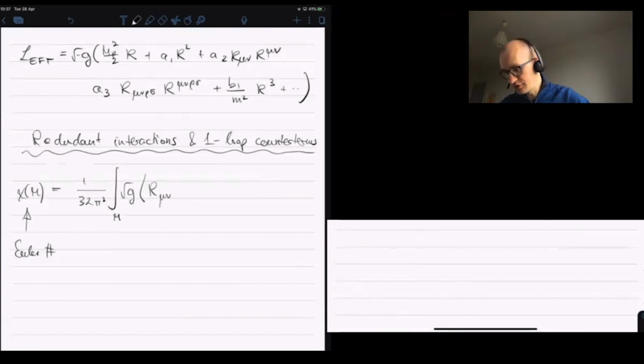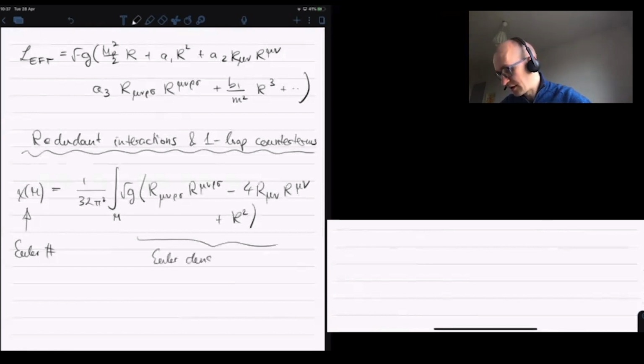So R_{mu nu rho sigma} R^{mu nu rho sigma}, minus 4 R_{mu nu} R^{mu nu} plus R squared. This is the Euler density, also known as the Gauss-Bonnet term.